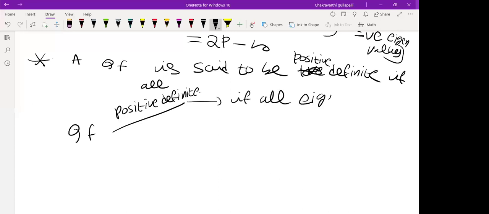If all eigenvalues are positive, then it is called positive definite.